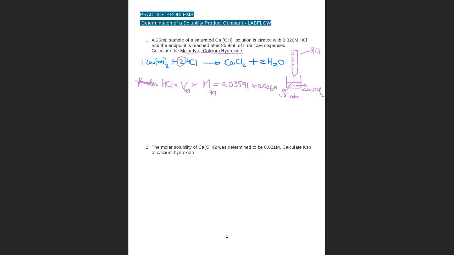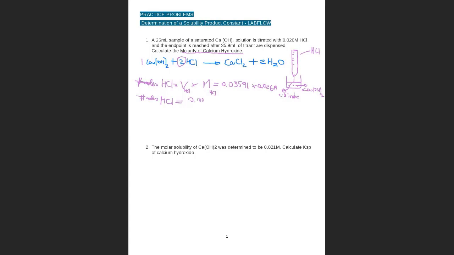So the liter cancels, and the number of moles of hydrochloric acid, what is the answer that you have? What number do you get? Yes, very good. Exactly. So we obtain 0.000933.